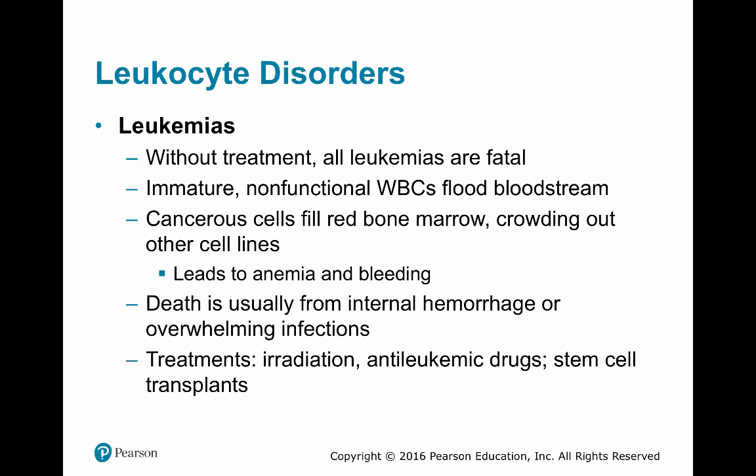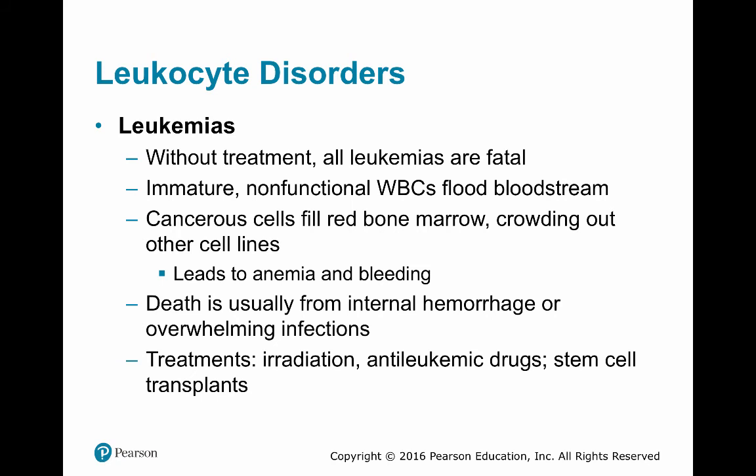Essentially, immature non-functional white blood cells end up flowing into the bloodstream. Cancer cells fill red bone marrow, crowding out all the other cells, and this is going to lead to excessive bleeding or anemia. Death normally comes from internal hemorrhaging or overwhelming infections.